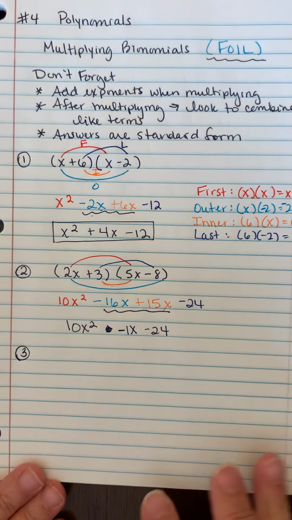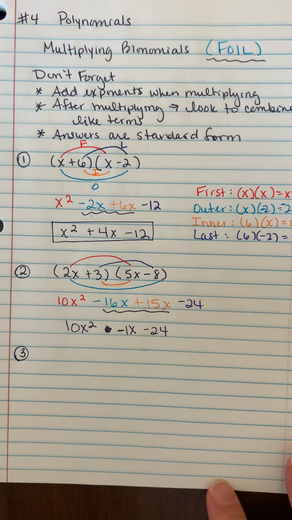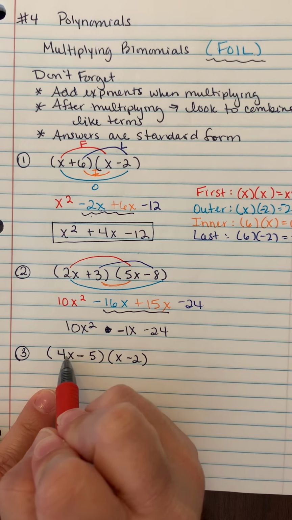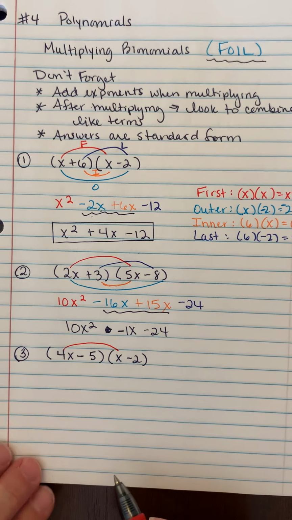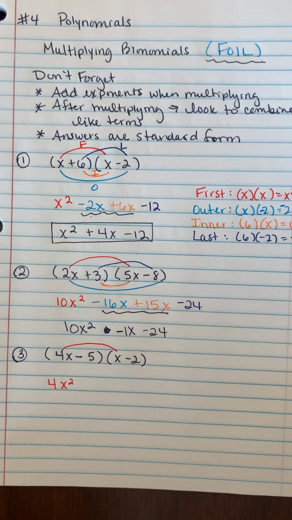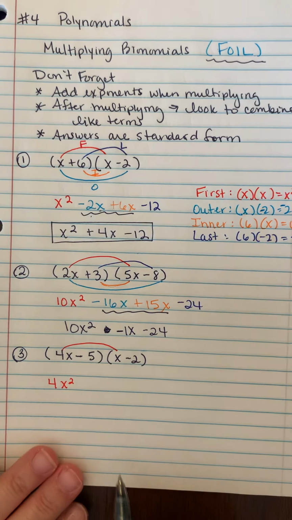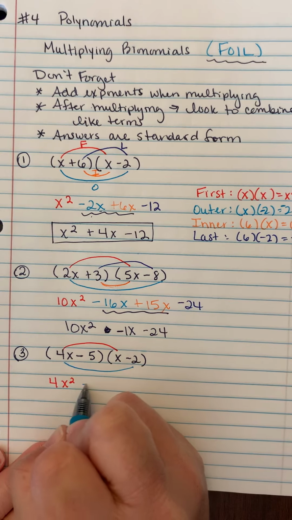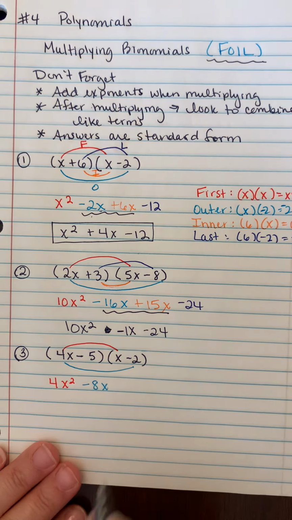Let's try number 3 here. 4x minus 5 and x minus 2. Okay, let's take the first terms in each parentheses. 4x times x is 4x squared. And then you're going to take the 4x times negative 2, which is negative 8x.